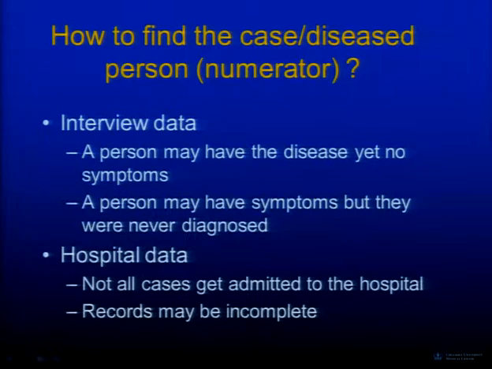You can also use hospital data. The issue is that not all cases are going to get admitted to the hospital, and sometimes the records are incomplete. I'm working right now at the hospital I work at, and we're trying to get better in terms of our databases and our systems. Sometimes the coder will put 9 diagnosis codes on someone that was admitted, and other times there will only be 3, or the doctor will only dictate 3 or 9.